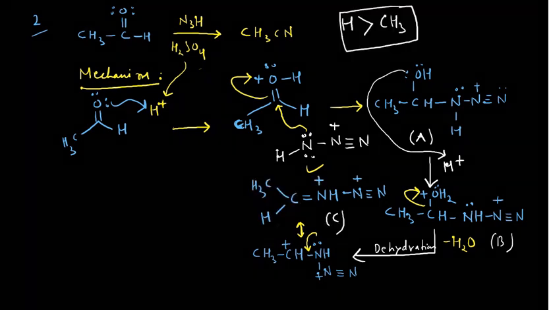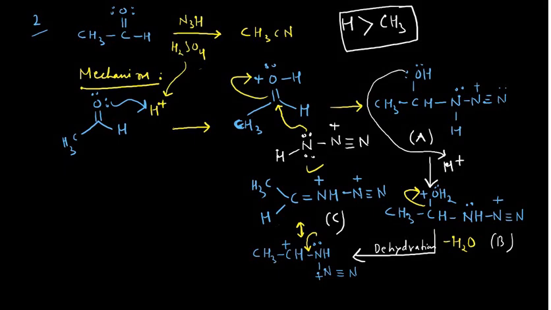So guys, you were having this species. Now in the next step, deprotonation would occur, that means minus H positive. From where can we remove H positive? On this nitrogen atom it is present.